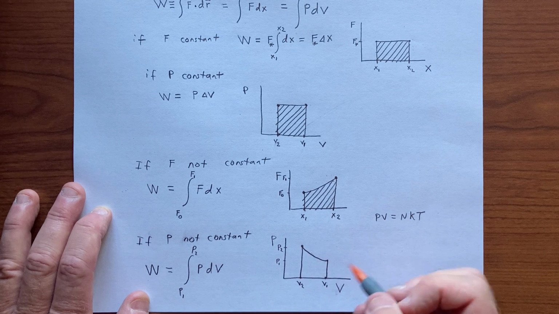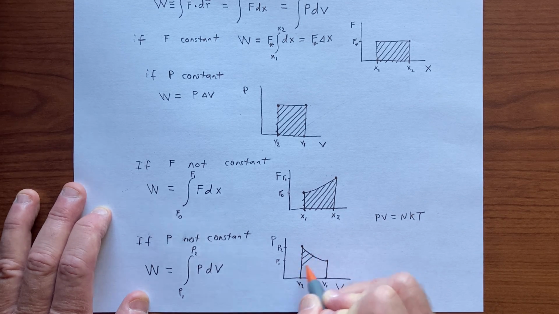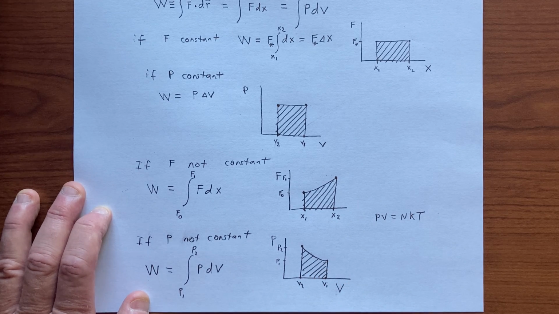And so we have that the work done in this case is the area under this curve. It's not just one side times the other side. So it looks like that.